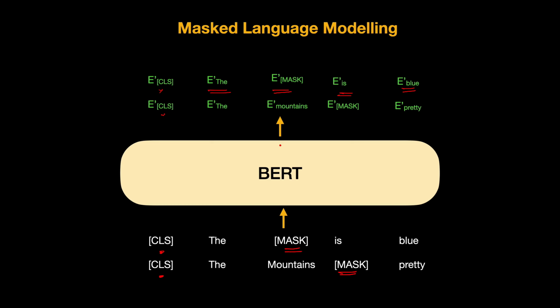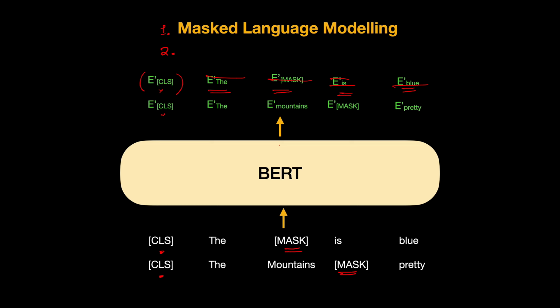We need to choose a task on which we can train the model to use the CLS token for sentence level classification and ignore the output produced by the other tokens. So this requires a separate training altogether. So pre-training in BERT happens in two phases. One of the phases is masked language modeling, but there is another phase on which we need to train BERT.